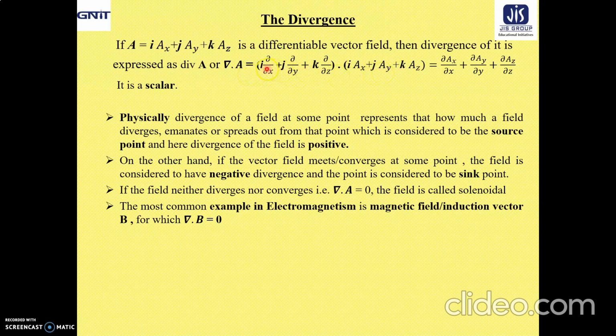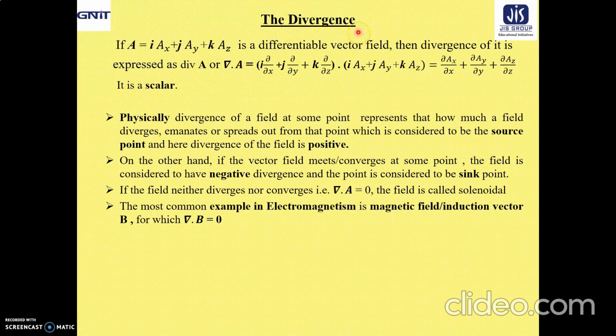So i dot i gives del/del x of Ax, next j dot j gives del/del y of Ay, and k dot k gives del/del z of Az. That means we are getting a scalar, which is expected because we are taking a dot product.